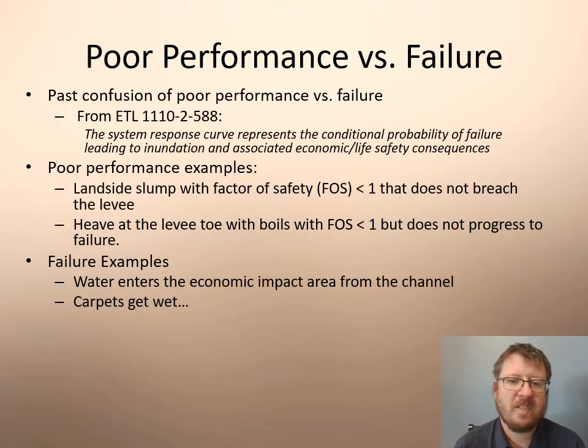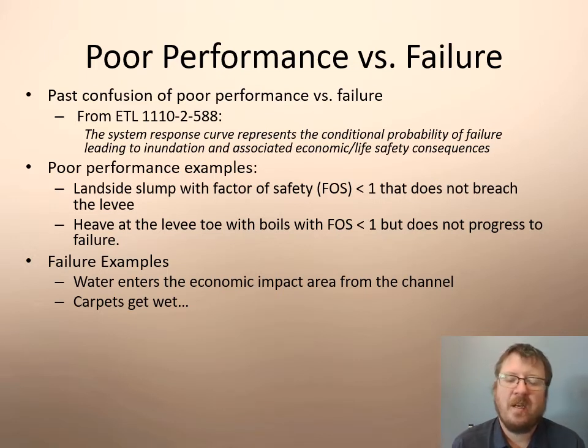In some of the previous guidance, it has been somewhat unclear about understanding levee poor performance versus failure. And so I think the new Engineering Technical Letter 588 tries to make the important point that the system response curve represents the conditional probability of failure leading to inundation and associated economic or life safety consequences.